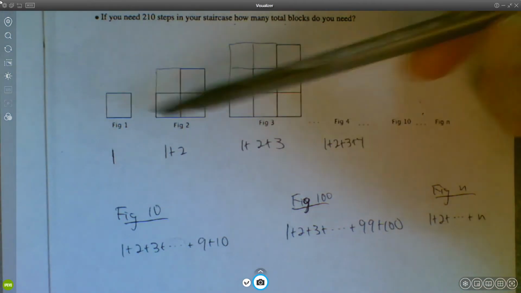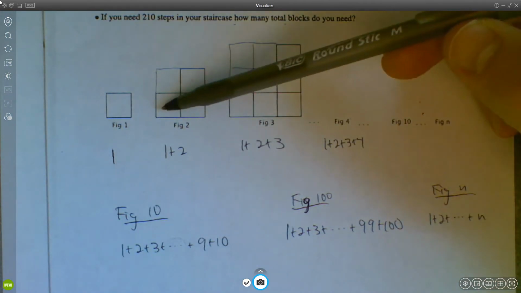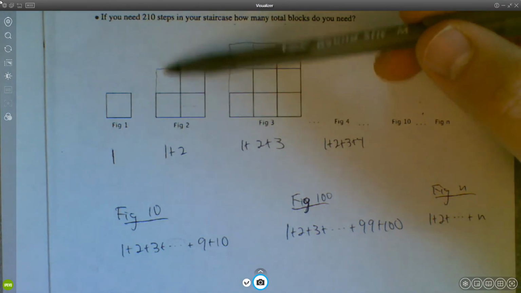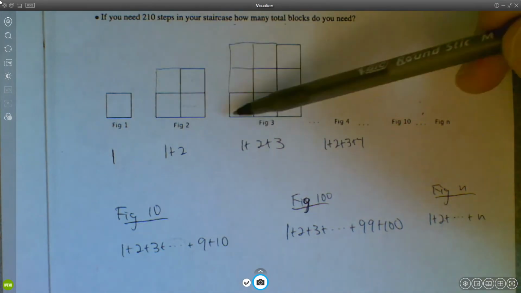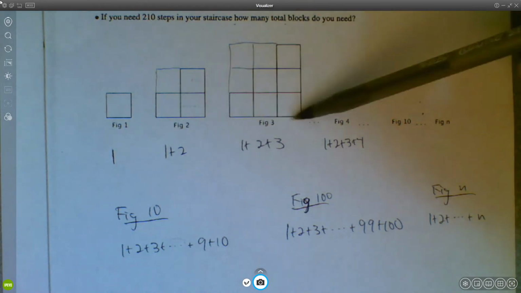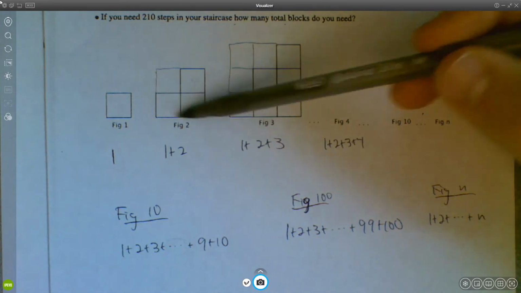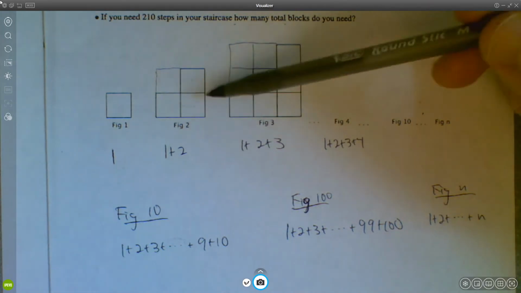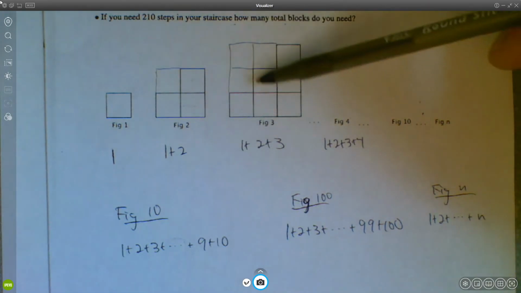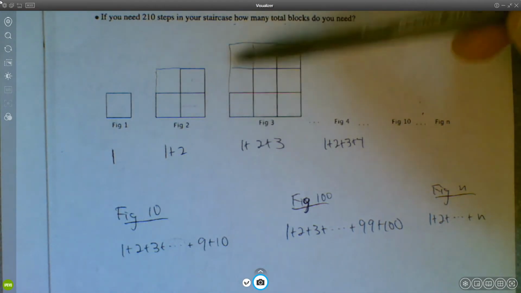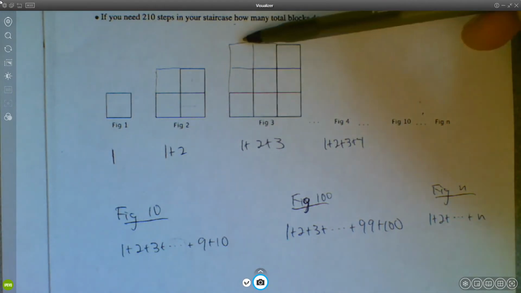Right, so figure 1 is 1. Figure 2 is a 2 by 2 minus a figure 1. I think I called this a 4 by 4, but I meant a 2 by 2. Figure 3 is a 3 by 3 minus a figure 2.